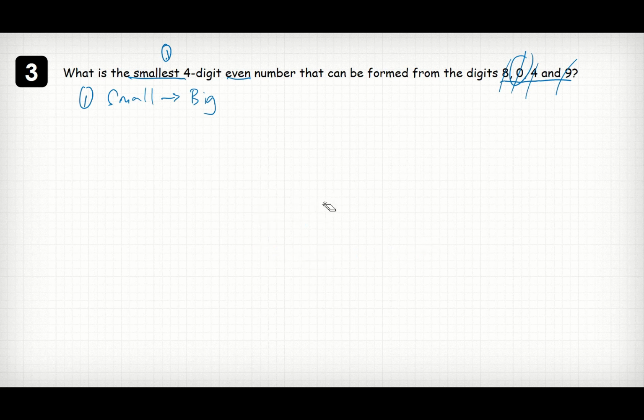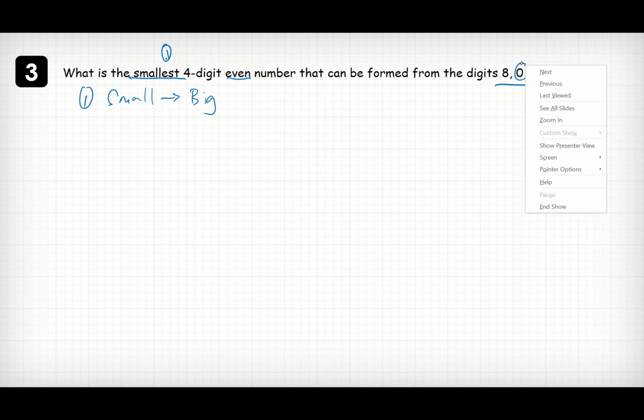We cannot use that. So instead of choosing from small to big, I must find the smallest digit that is not a 0. So other than 0, I cannot look at 0. I'll hold it aside first. 8, 4, and 9. The smallest digit is 4.